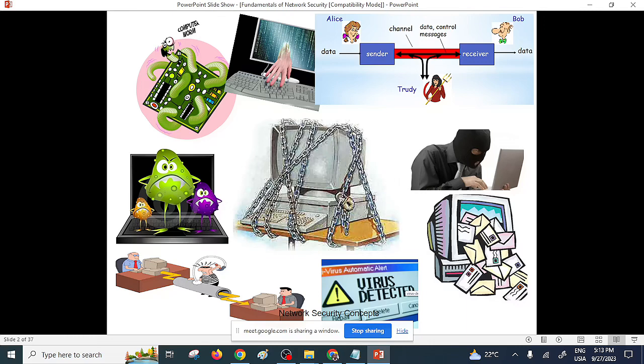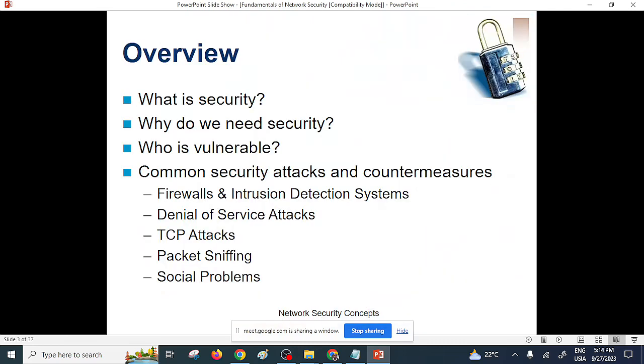We also have malicious software that can be used within a network environment, such as rootkits. We are going to look at them, that hackers might use to tamper or interfere with normal network operations. So this diagram or these images point to what we are really going to look at, the attacks and how we can counter them and so on.